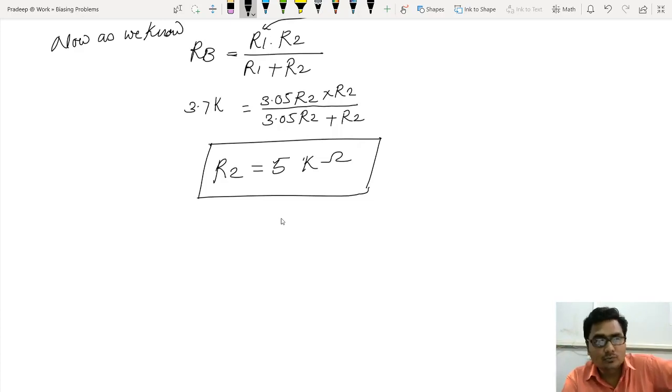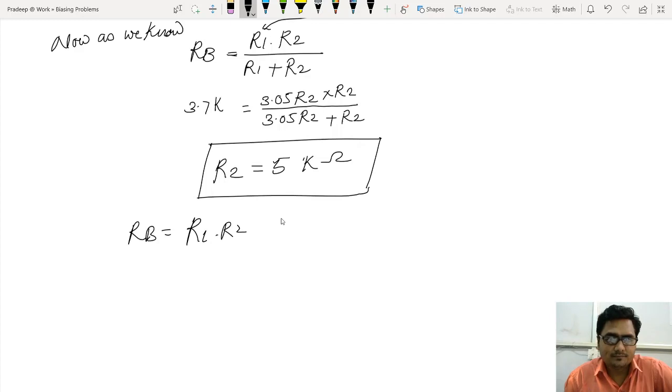See, R2 we are done with, but R1 is still pending. Now look at this. RB is equal to R1 multiplied by R2 divided by R1 plus R2. This is what RB is, is it not? So now R2 is 5k and RB is 3.7k.